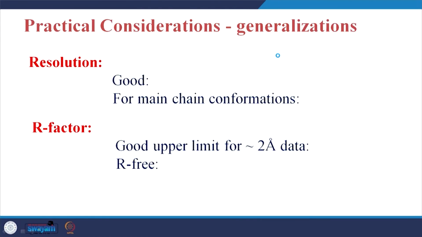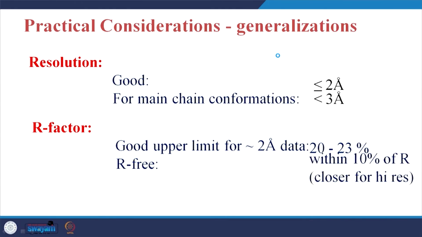Now, practical considerations: for resolution, less than or equal to 2 angstrom, and for main chain conformation, less than 3 angstrom. For the R factor, a good upper limit for 2 angstrom data is 20 to 23%, and R free would be within 10% of the R work, and closer for high resolution data.